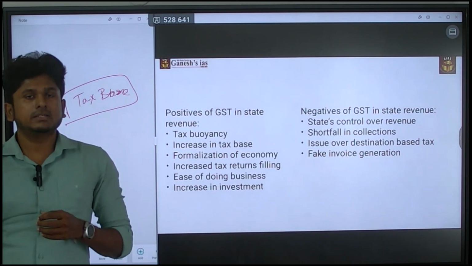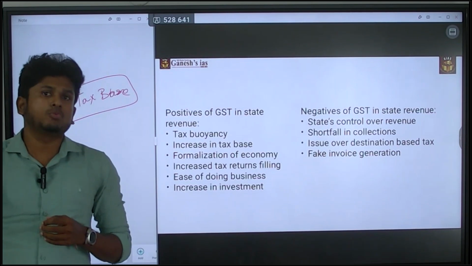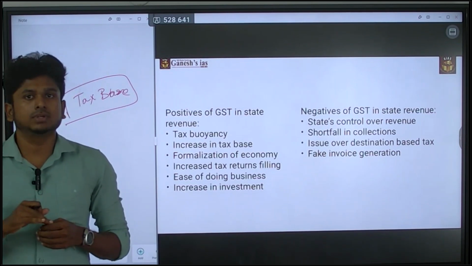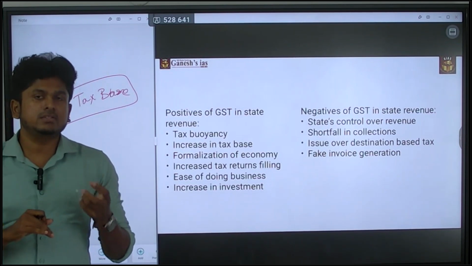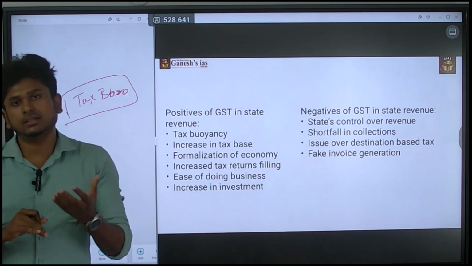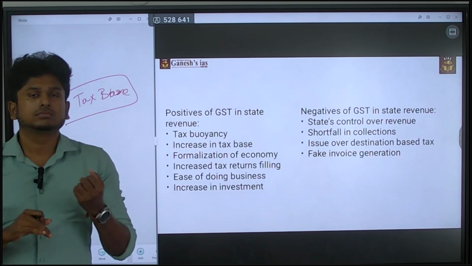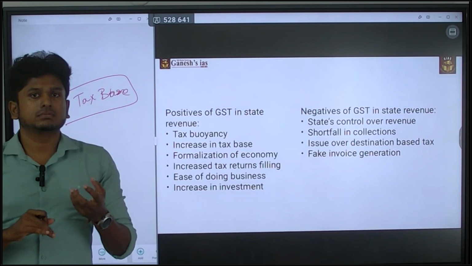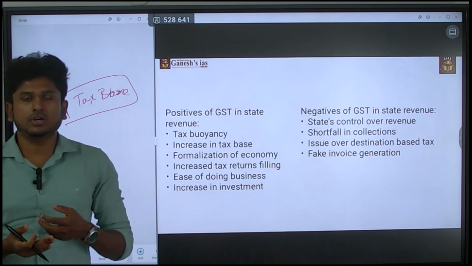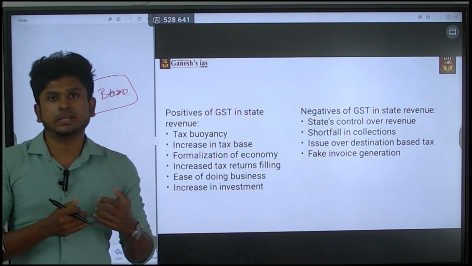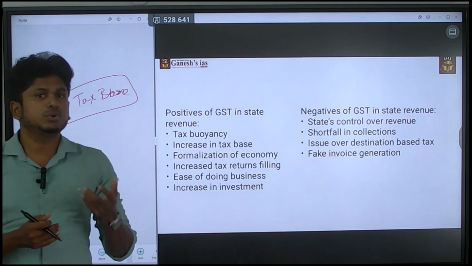Now there is a tax on that product. That tax goes to the Assam government only, not to the Tamil Nadu government. So the producer state is not going to get the tax revenue on the products. Okay, so that is one of the issues for the producer states.